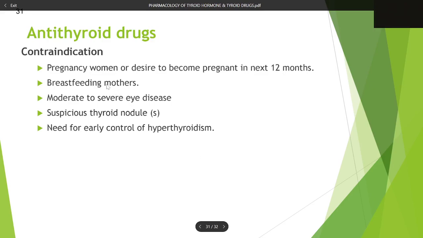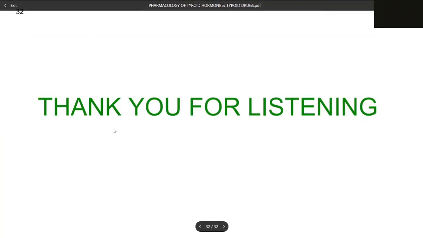Now, the contraindications: it is contraindicated in pregnancy, that's women who are pregnant and women who desire to become pregnant in the next 12 months. It is contraindicated in breastfeeding mothers, moderate to severe eye disease, suspicious thyroid nodules, and need for early control of hyperthyroidism.